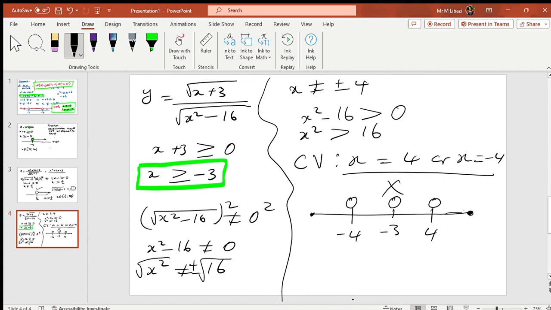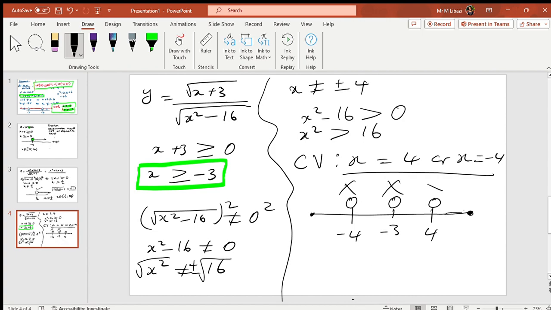When we substitute into the full function, in the numerator we will have negative 4 plus 3, which is the square root of negative 1, undefined. In the denominator, negative 4 squared minus 16 is 0, and the square root of 0 is 0. But because the numerator doesn't accept this, we are not able to include negative 4.